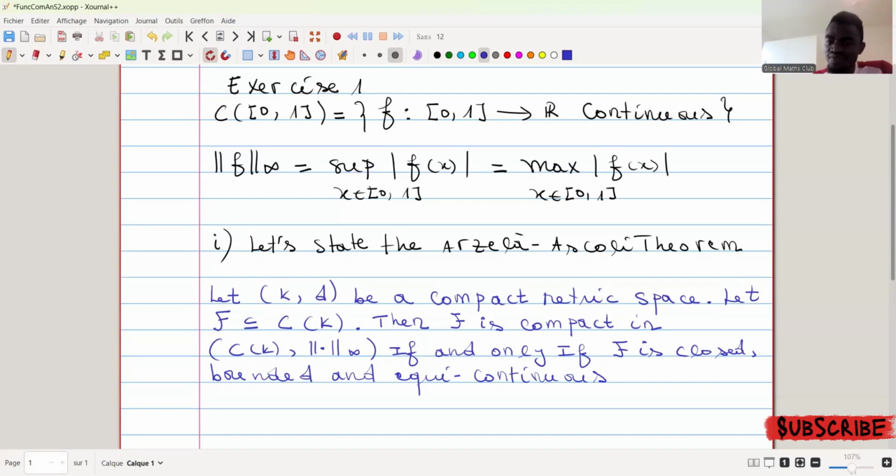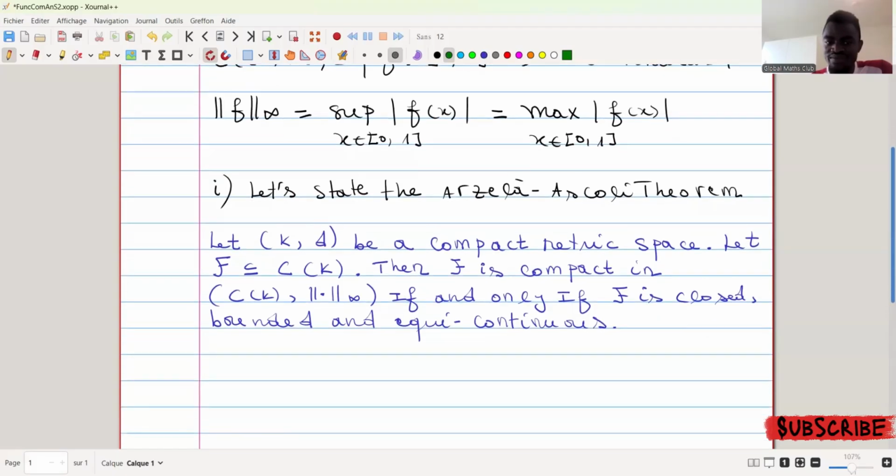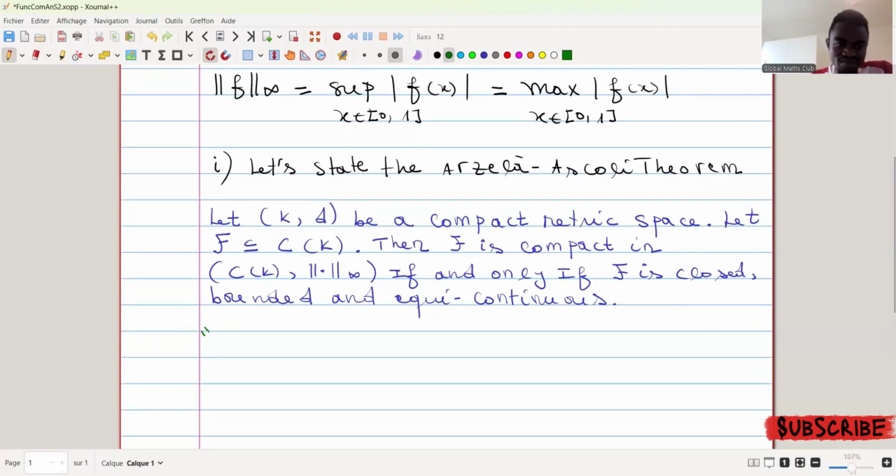So if you remove the closedness, F becomes pre-compact. If you want to write that F is pre-compact, you have to remove closed. So I'm going to substitute compact by pre-compact, and remove closed.